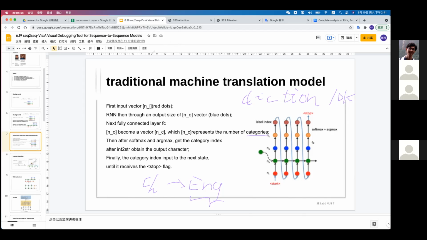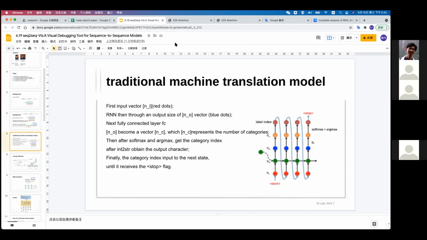Then we pick this word as the target, and this category corresponds to a vocabulary word. For example, given the word 早上好, the first category could correspond to the word good. So that is basically what you mean. Yes. Okay, any questions here on these slides?